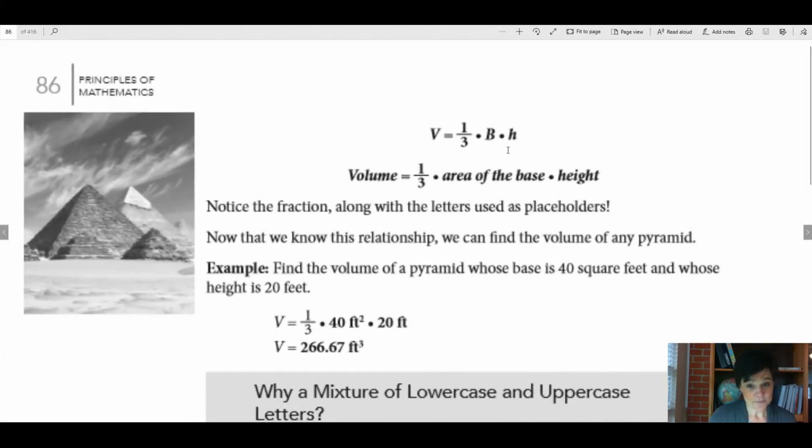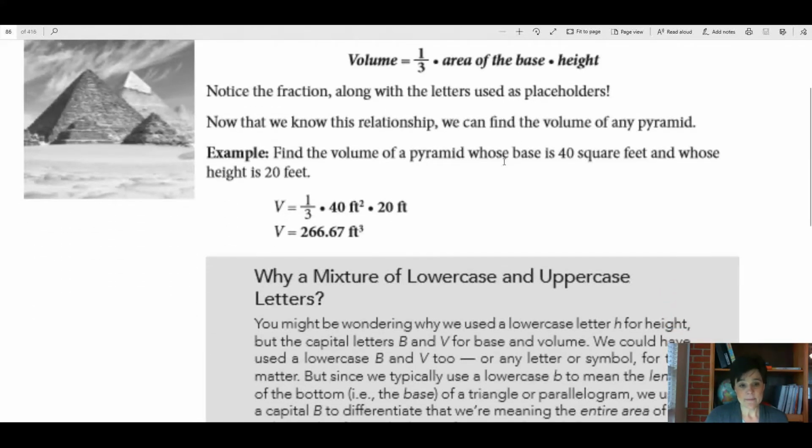This right here: the volume of a pyramid equals 1/3 times the area of the base times the height. Notice the fraction along with the letters, the variables, letters used as placeholders. So now, if you know this relationship, you can find the volume of any pyramid. Now, here is an example. The volume of a pyramid whose base is 40 square feet and whose height is 20.